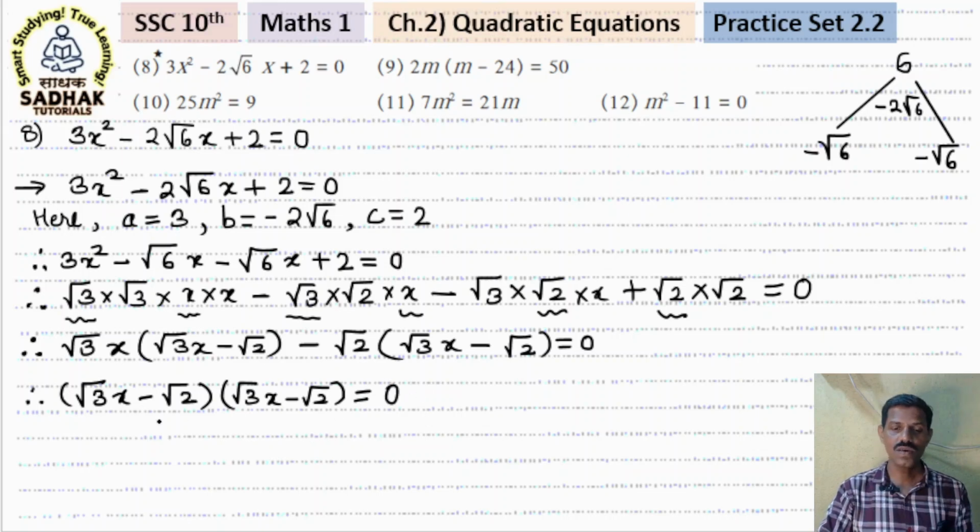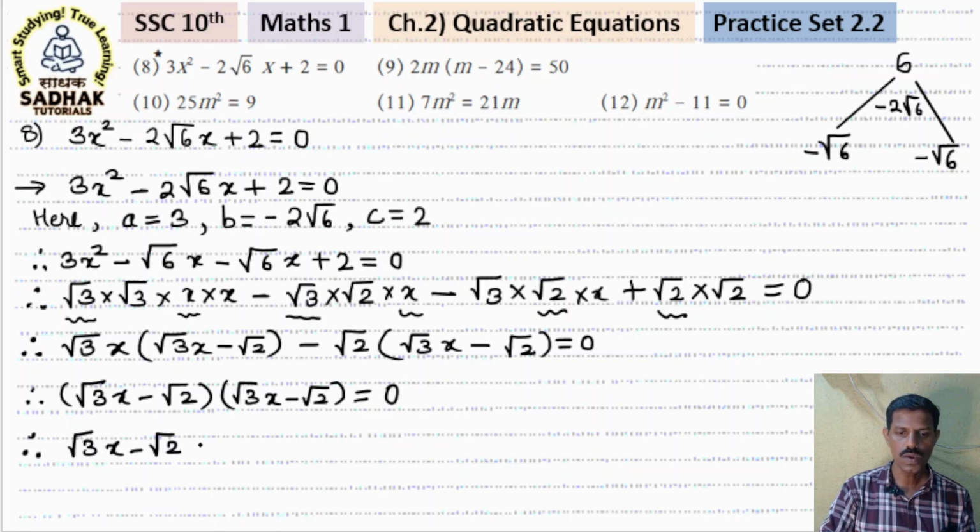Here both the binomials are the same. So we can write it as a single one. Therefore, √3 x − √2 = 0.